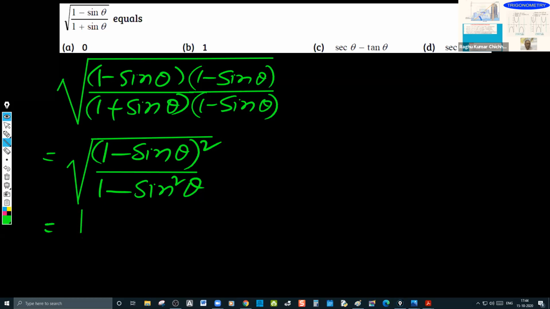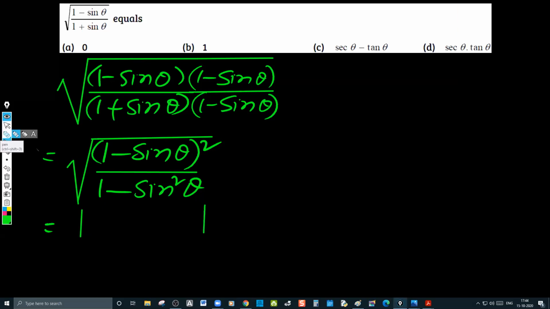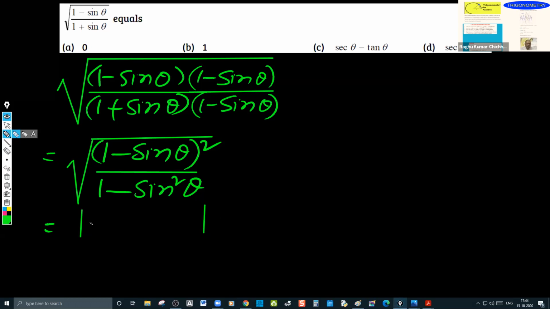For this problem, it is okay, but in all the higher level problems, there will be a twist in the questions in this part. Whenever you get any term out of the square root from now onwards, don't forget to write the modulus. That is why I wrote modulus of 1 minus sine theta.